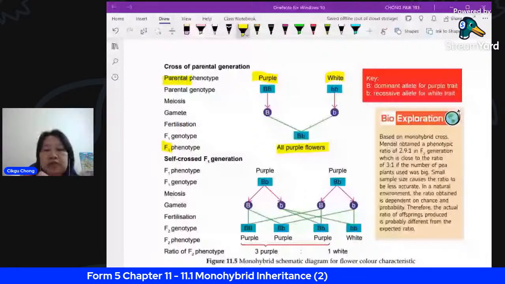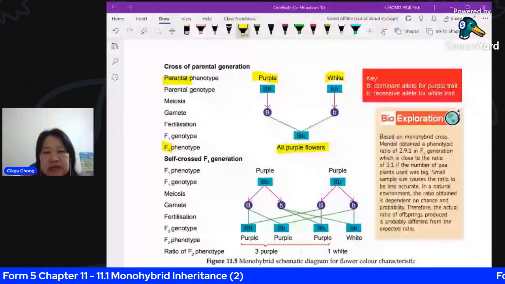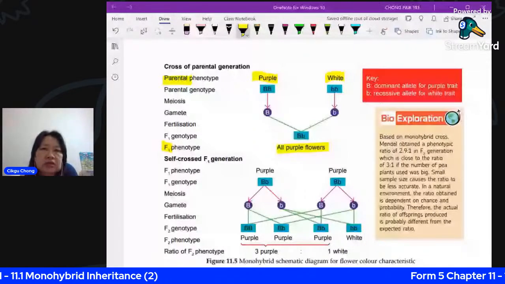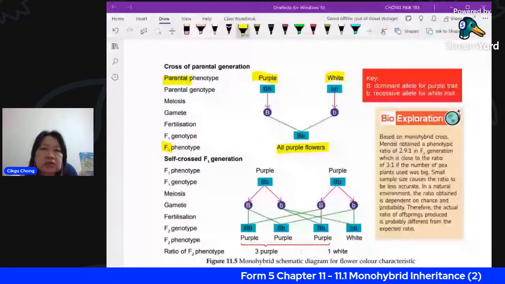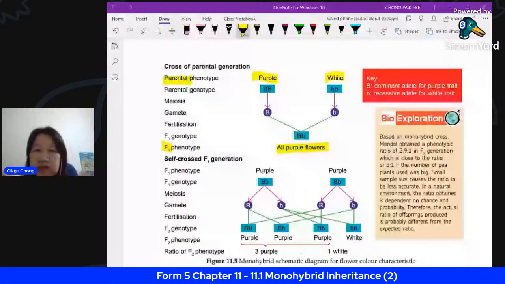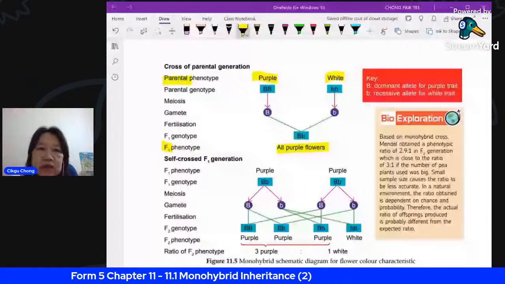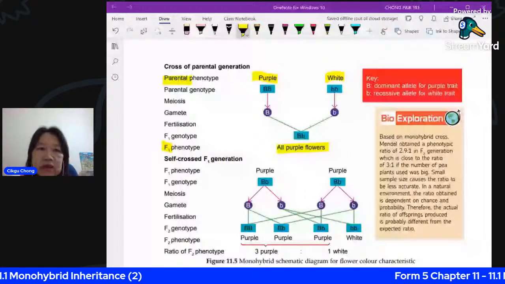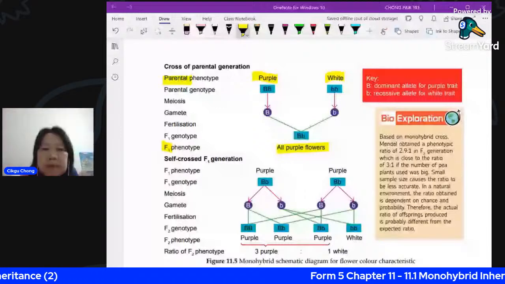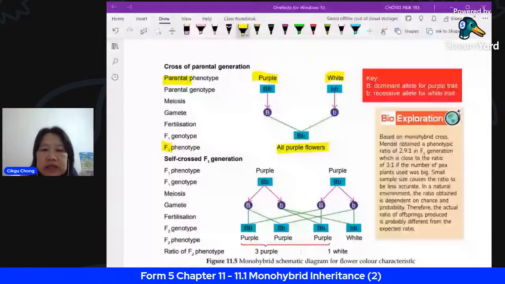The purple, he said, is more dominant because it happens to have more of it. So he found that the alleles for the two colors are not of equal strength. There will be one which is stronger and one which is weaker. So he said that the one that appears as 3 must be the dominant one, and the one that is 1 must be the recessive one. So this is monohybrid inheritance.